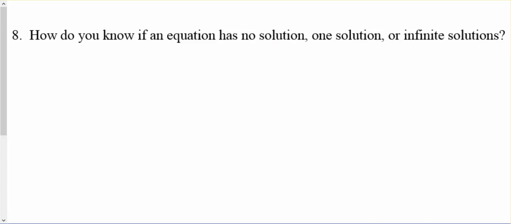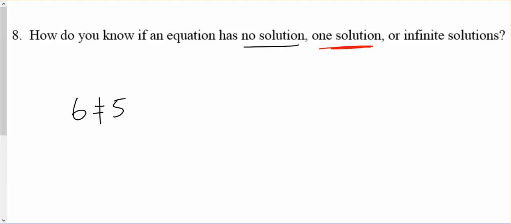How do you know if an equation has no solution, one solution, or infinite solutions? If we get something that says no solution, we'll get an answer that doesn't make sense. We'd get something like 6 equals 5, and 6 doesn't equal 5, so that would be no solution.